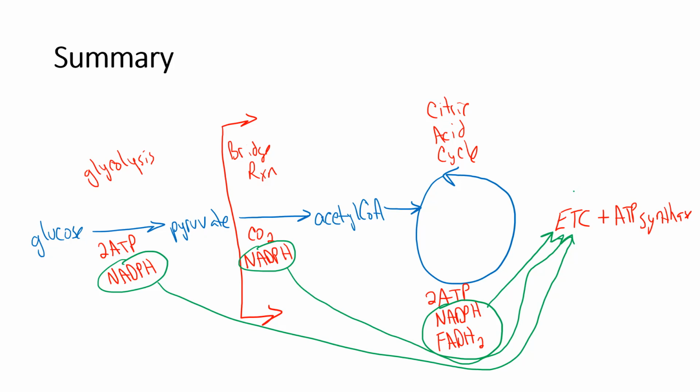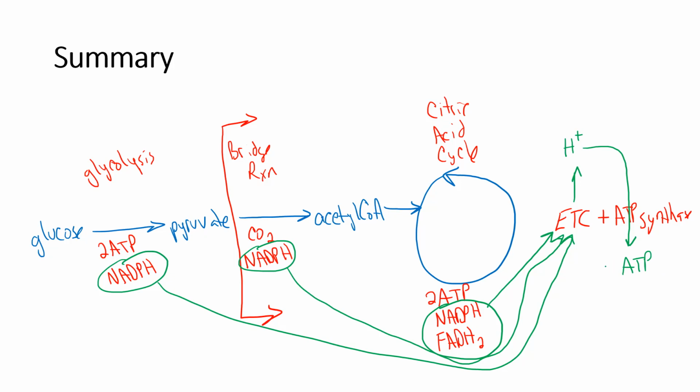And remember, the electron transport chain is going to pump protons across the inner mitochondrial membrane. That's all it's going to do. And then those protons fall through ATP synthase as they fall down their concentration gradient, producing a lot more ATP through the process of chemiosmosis.